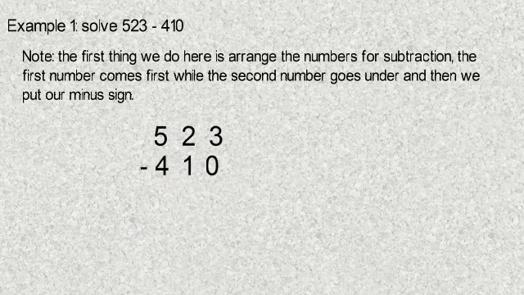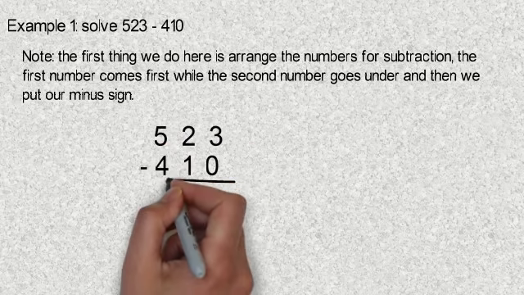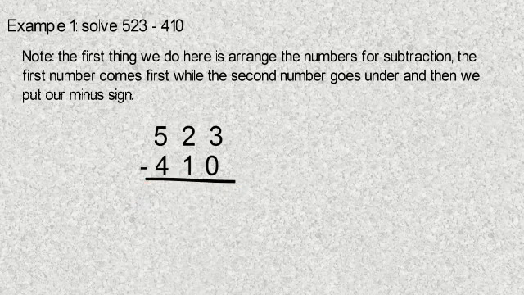So let's solve this. We have 523 on top and 410 beneath. So we put our minus sign also. Then we draw a line to show that we are writing our answer under the line. So let's start. 3 minus 0 will give us what?